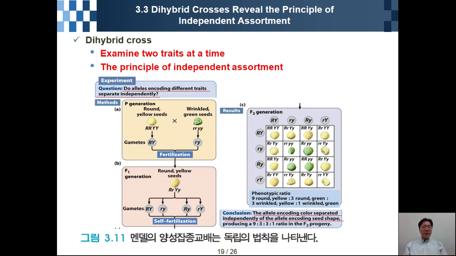This result only comes from independent assortment. So the allele encoding color separates independently of the allele encoding seed shape. Only in this case will the result be 9:3:3:1.